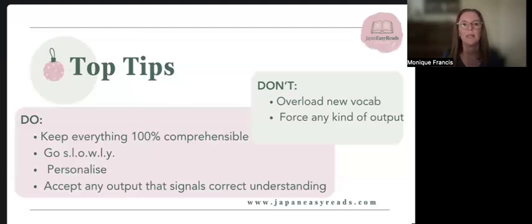So that might be a gesture, it might be an English word, it could be a Japanese word or a Japanese sentence. Anything that shows comprehension. Comprehension can be shown in many different ways. It doesn't need to be perfectly expressed to show that comprehension.